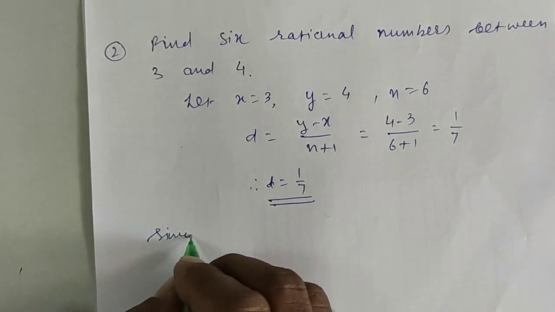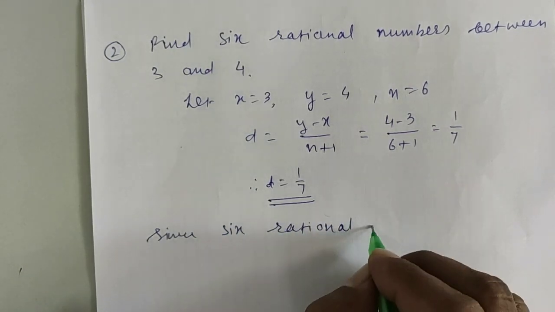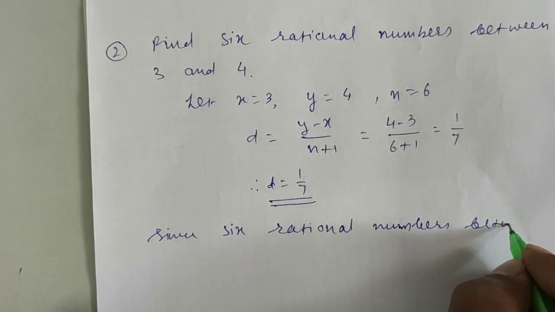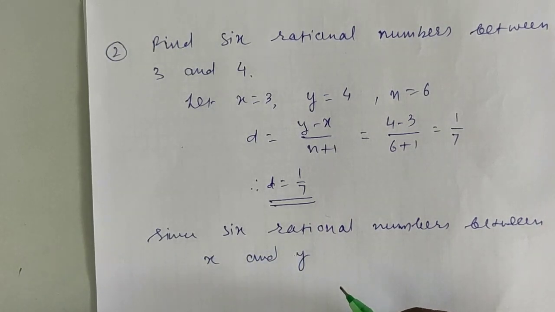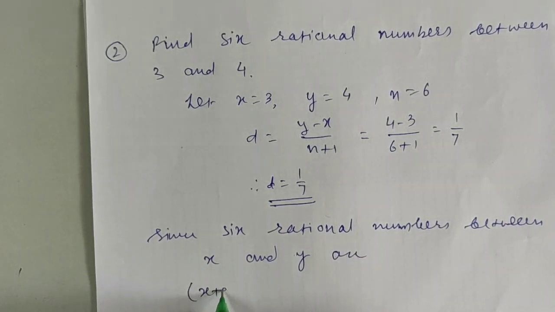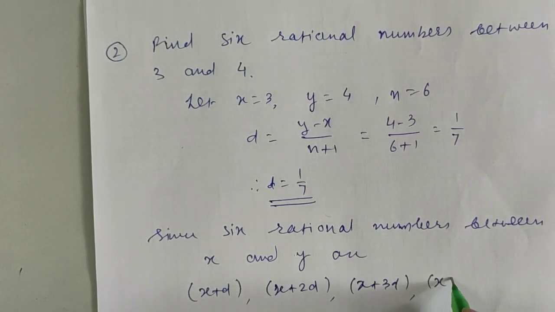Since 6 rational numbers between x and y are x plus d, x plus 2d, x plus 3d, x plus 4d, x plus 5d, x plus 6d.